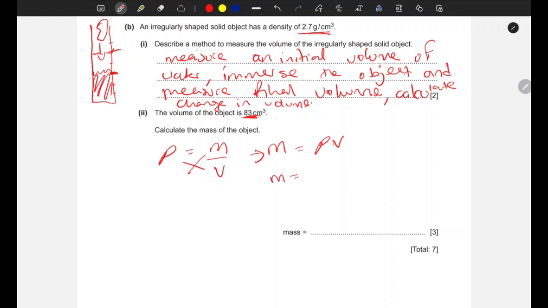So the mass would be 2.7 times the volume, which is 83. So that should give us 224.1. We can round it to 224 grams, of course.